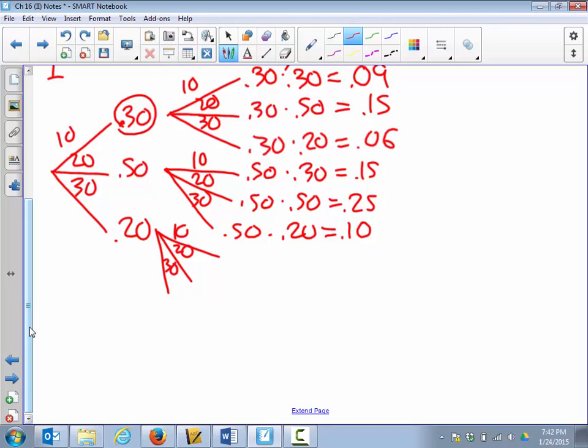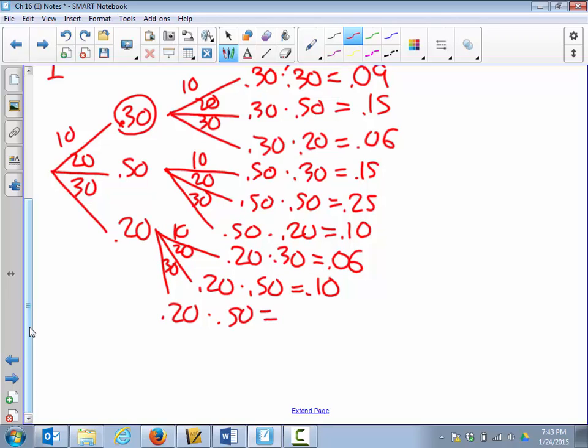And 3 more limbs of, again, 10, 20, and 30 payouts for you: 20% times 30% gives 0.06, 20% times 50% is 0.10, and 20% times, wait a second, oh, that's 20%, not 50.